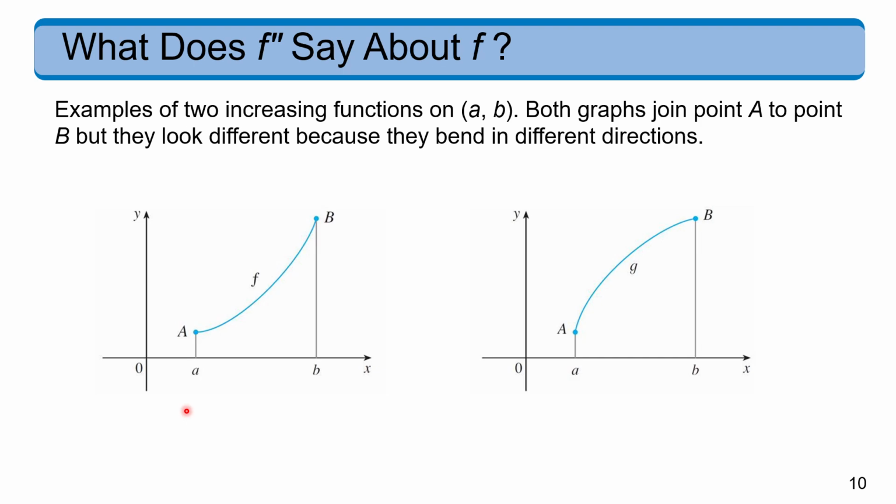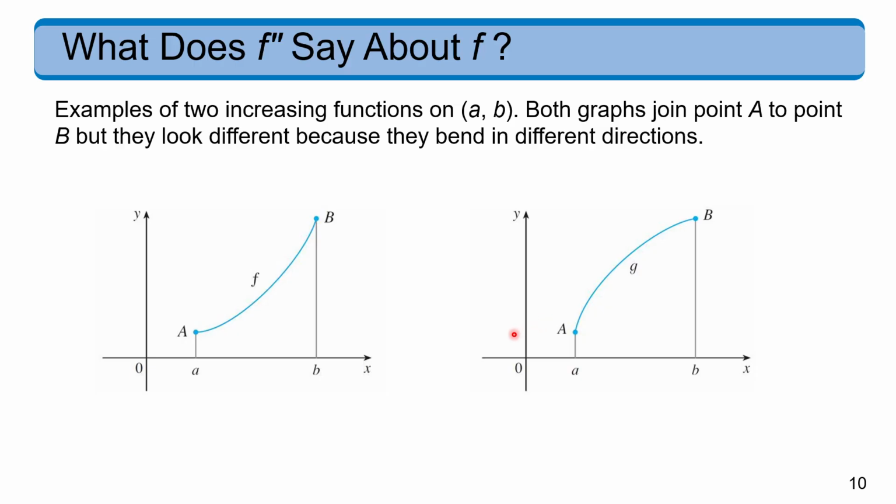Suppose the first derivative test tells us the function's increasing, and suppose we even have 2 points, A and B, and we know it's increasing in between those 2 points. Both of these functions do that, right? They're both increasing over the same interval, but they're very different shape.